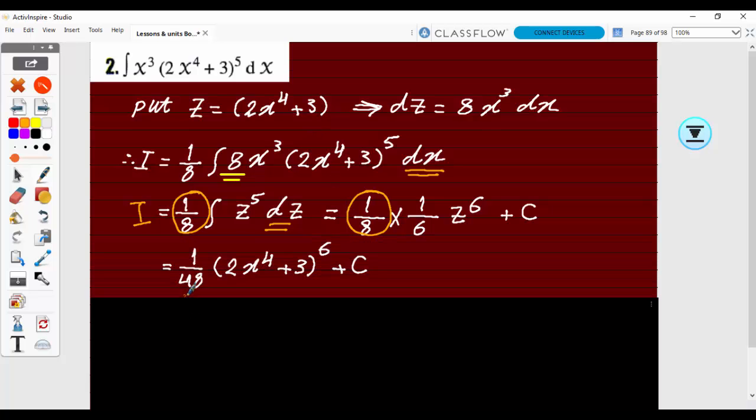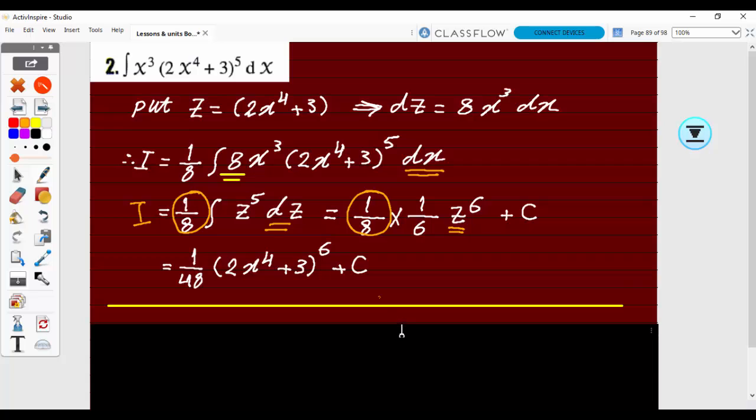So the final result will be 1 over 8 multiplied by 1 over 6 equals 1 over 48, and instead of z we write (2x^4 + 3)^6 plus c, and this is the final result.